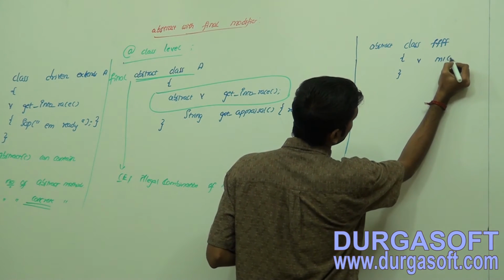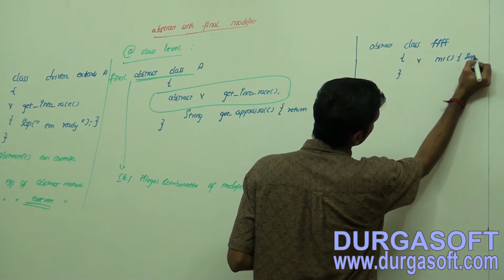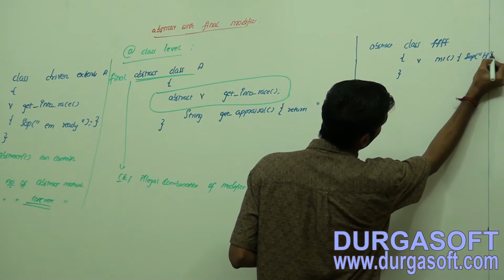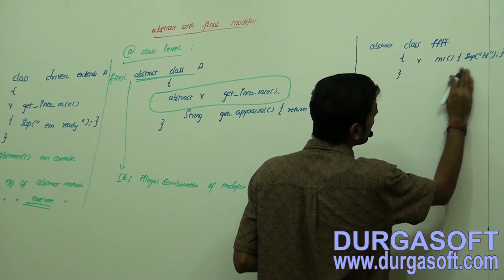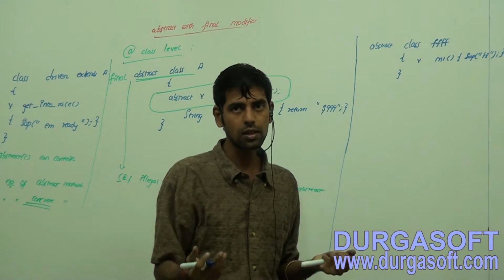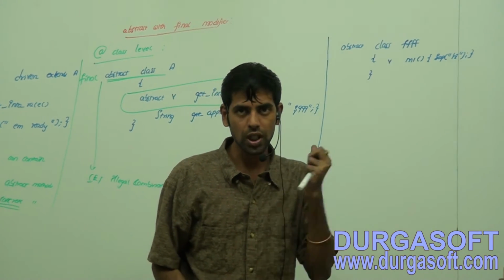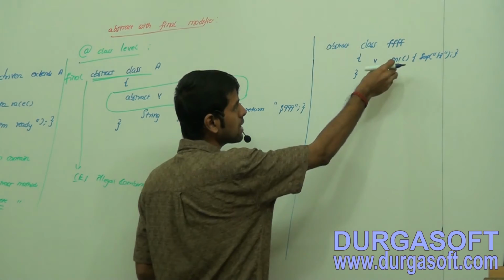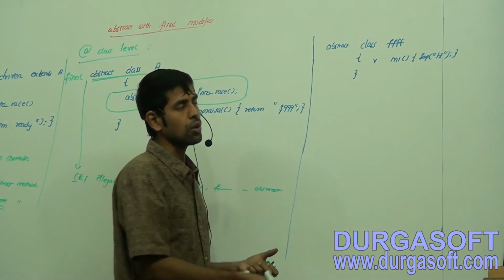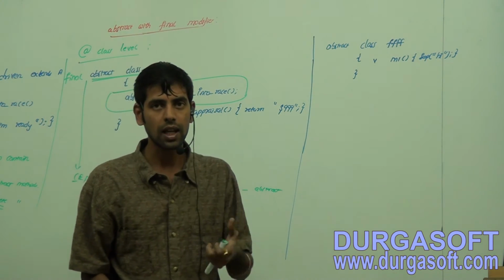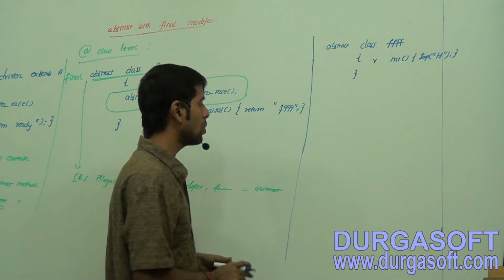Now let me do one thing. Void m1, let it be SOP of hi. Think that you have some valid instructions as part of your project. Now I want to inherit this particular method into my child class. What can we do?